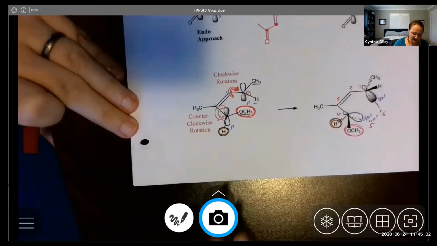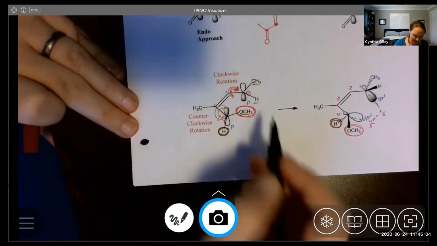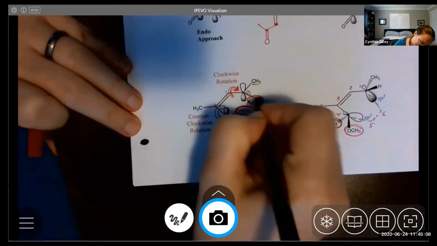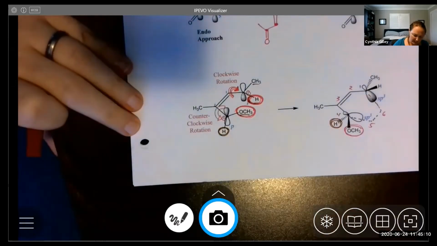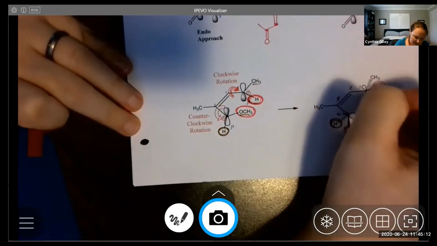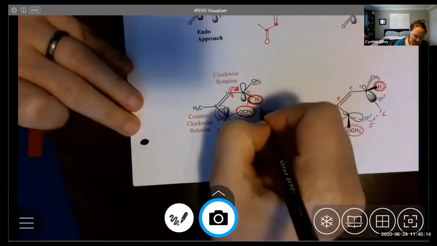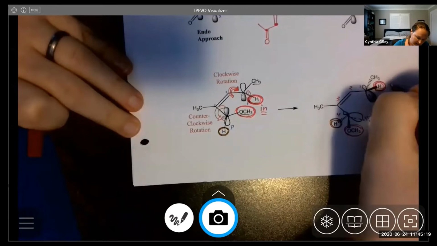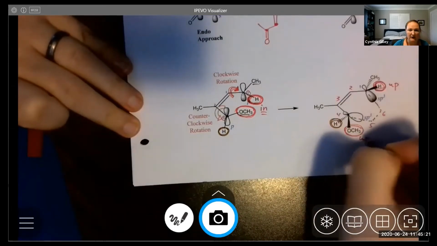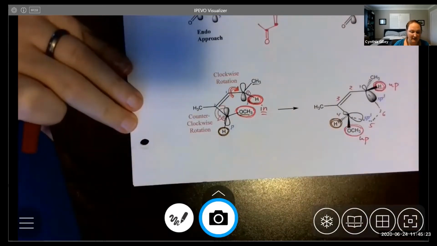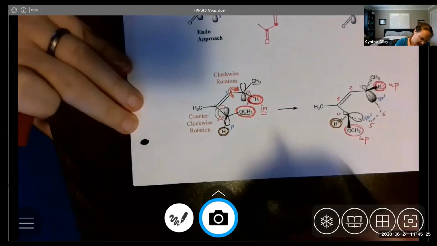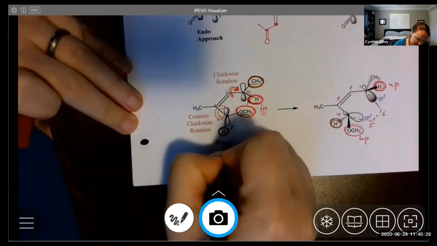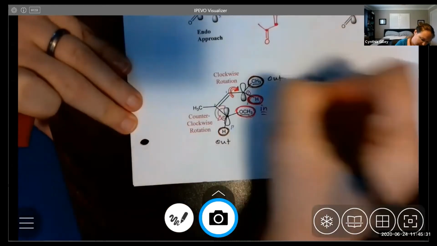We say that these are in because it's sort of in with respect to the diene. So this is another group that's pointed in. It also gets to be up. So notice these are the groups that are pointed in. They both end up on 2 wedges. The groups that are pointed out, this is sort of out, end up both down.